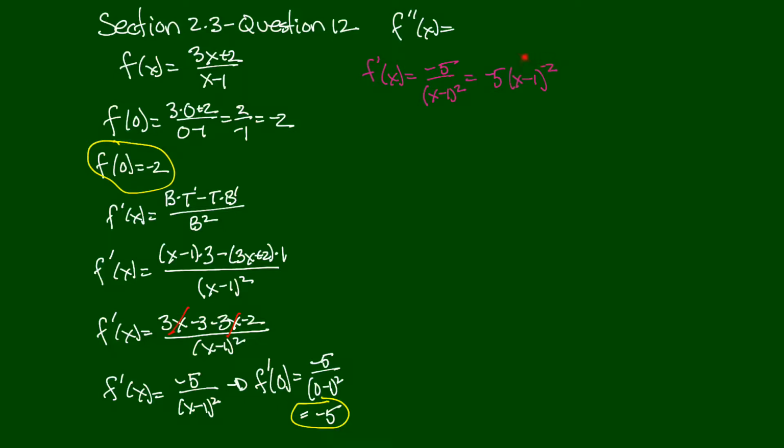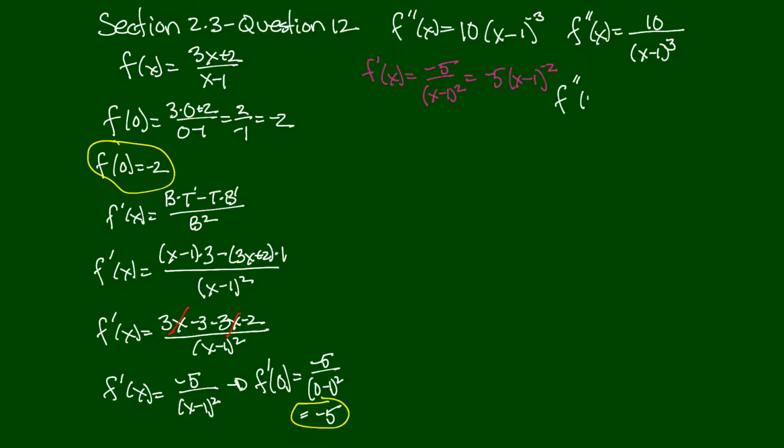To differentiate it, bring the exponent down as a multiplier. So negative 2 times negative 5 is 10, up here. And then we get x minus 1 to the negative 2 minus 1, which is negative 3. So we write f double prime of x as 10 over x minus 1 to the positive 3. There's our second derivative, and we want it at 0.